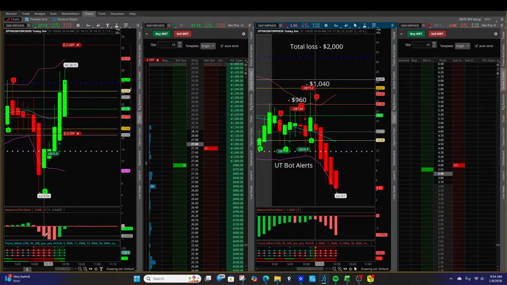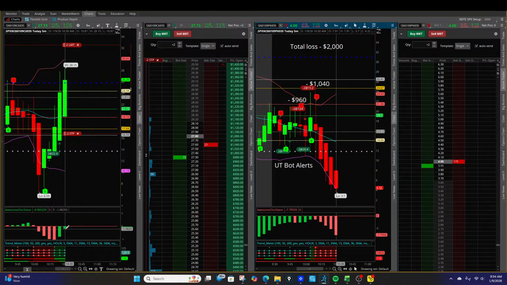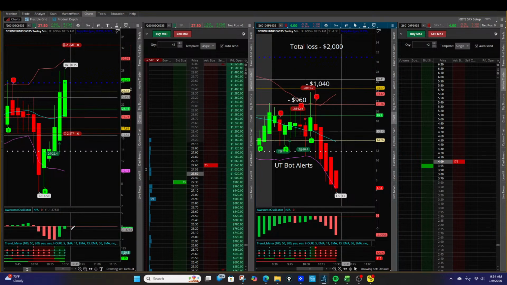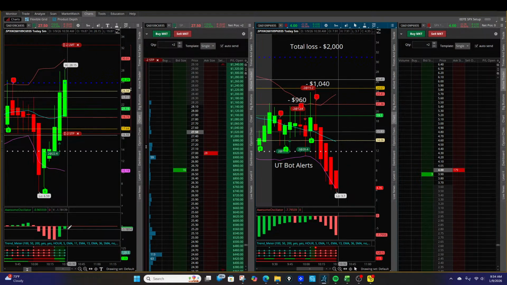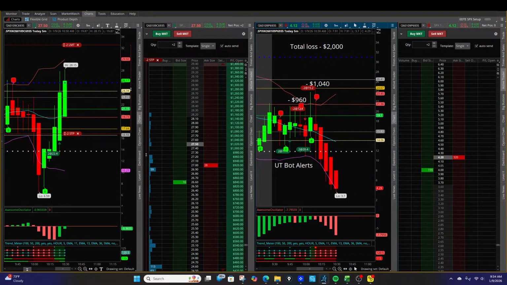We've gone down in the Awesome Oscillator. I'm coming back up. I don't like to see this big gap here though, but that's because of this great move we had. But now the next thing to happen is to cross the zero line, the Awesome Oscillator, and then to continue to go up. So we're just waiting on that right now.